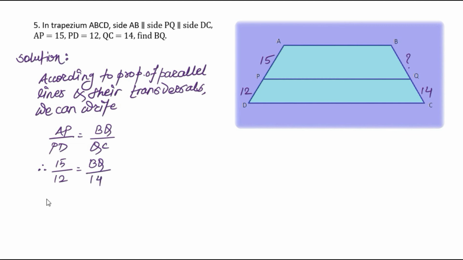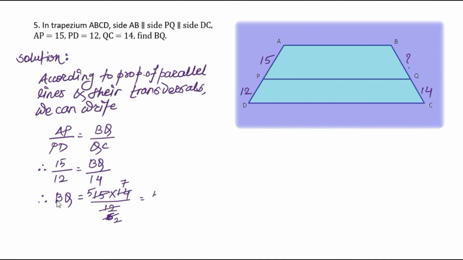Therefore, BQ is equal to 15 into 14 upon 12. So 6 2s are 12 and 7 2s are 14. Next, we divide 15 and 6 again. 3 2s are 6 and 3 5s are 15.